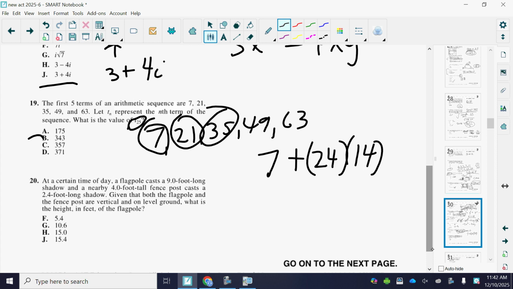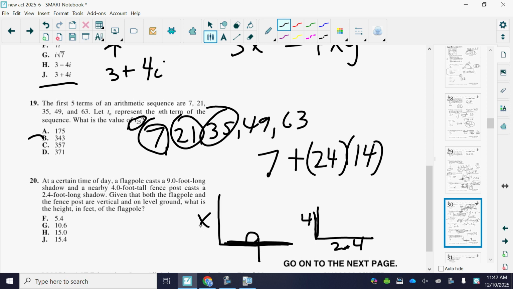Huh? This is similar triangles. At a certain time of the day, a flagpole casts a 9-foot-long shadow. Well, the last time I looked at shadows, they were on the ground, huh? And a nearby 4-foot fence casts a 2.4-foot-long shadow. So what's this answer?